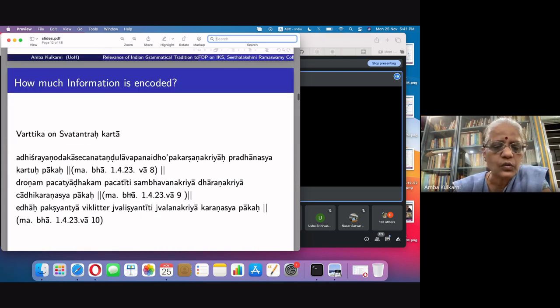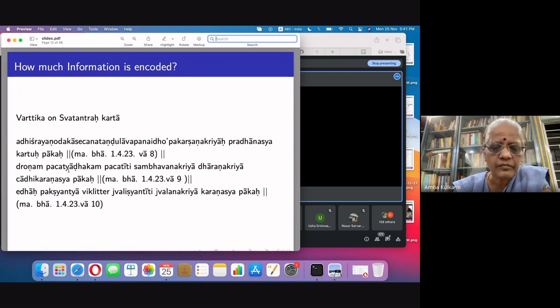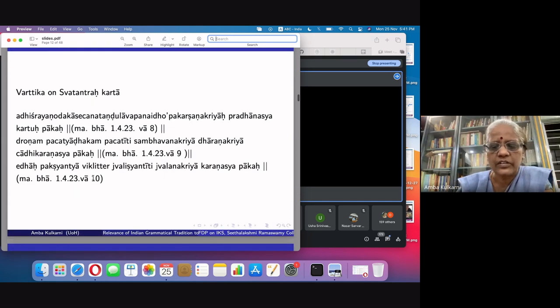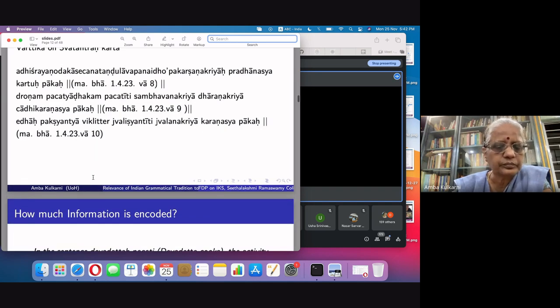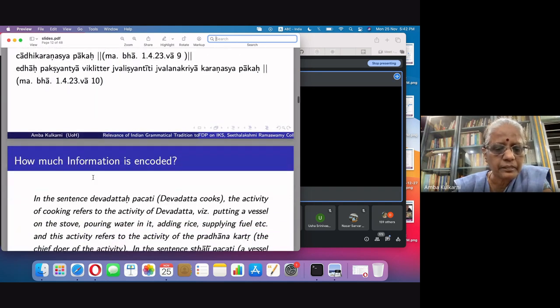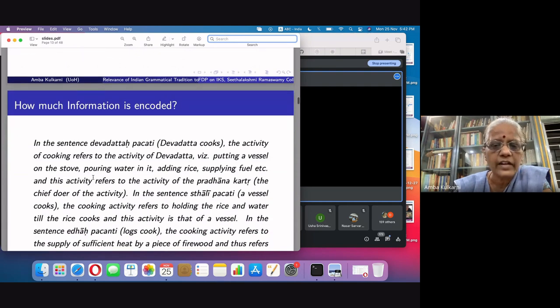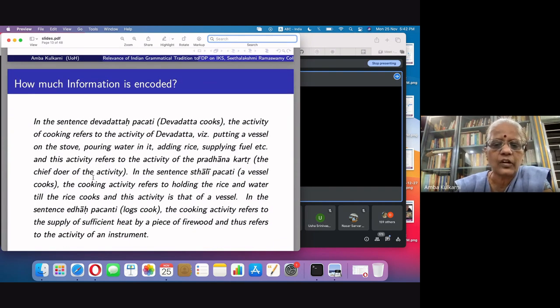I will not go through the explanations given in Sanskrit, because there is limited time, and I thought I will directly go to the explanation of that Sanskrit in English. I will not read the Sanskrit one.